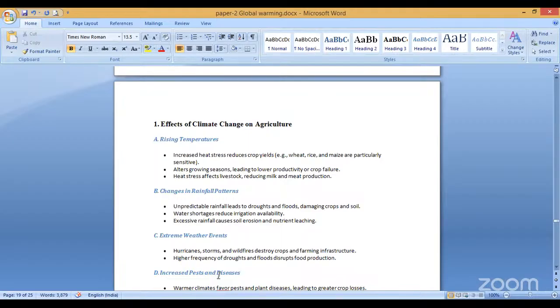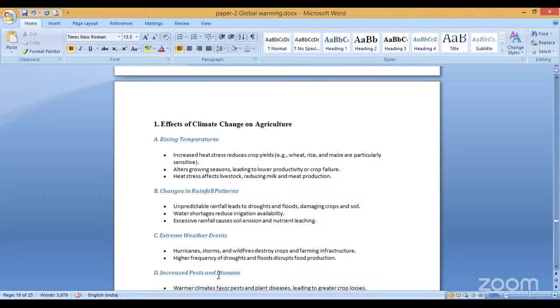Effect of climate change on agriculture. Rising temperatures and increasing heat stress reduce crop yields. It is a known fact to each and every person who has minimum idea about agriculture: when the temperature increases, the crop yield decreases.